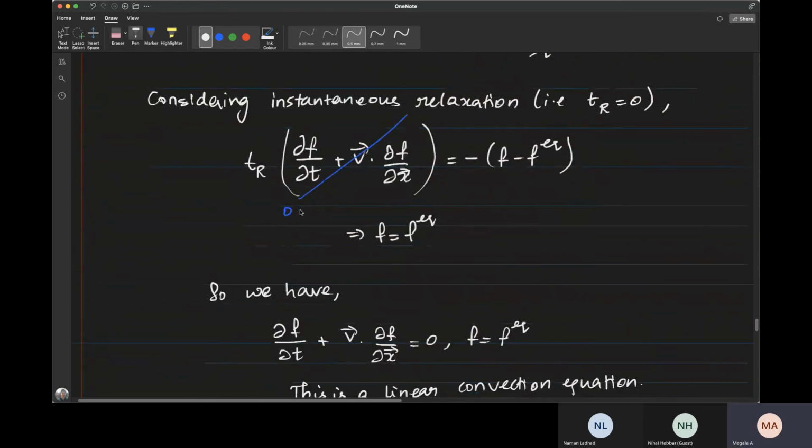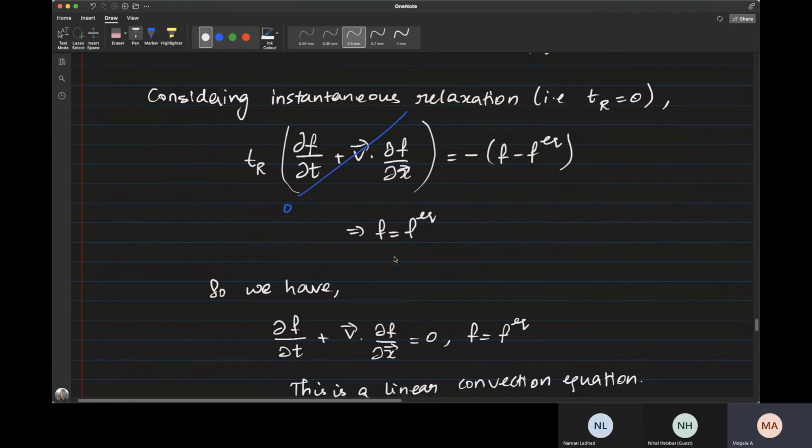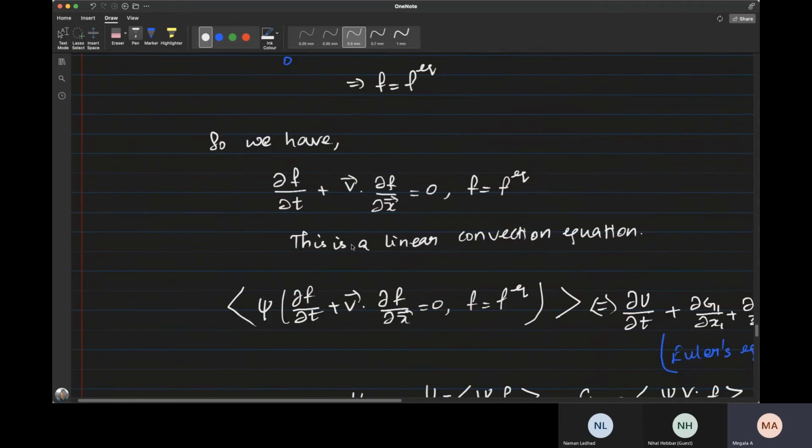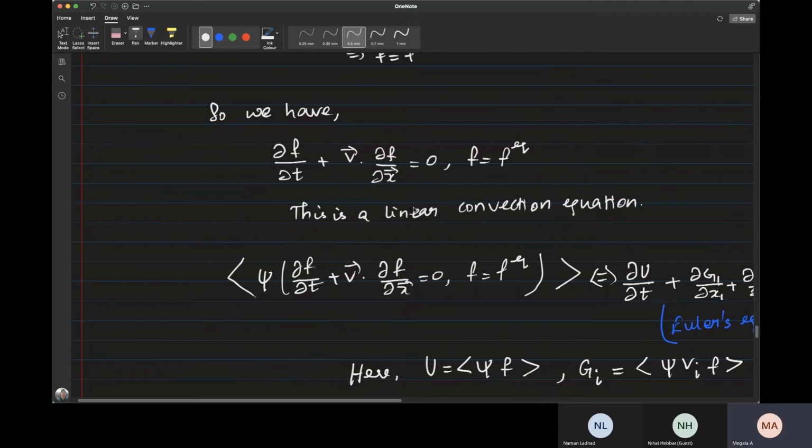As TR goes to 0, the left-hand side becomes 0, so we get F equal to F equilibrium itself. Instantaneous relaxation means F is always equal to F equilibrium. So we have the Boltzmann equation with F equals F equilibrium, which is basically a linear convection equation.